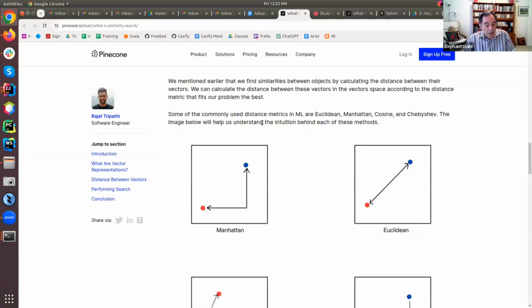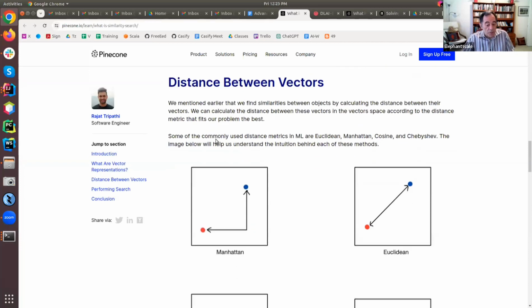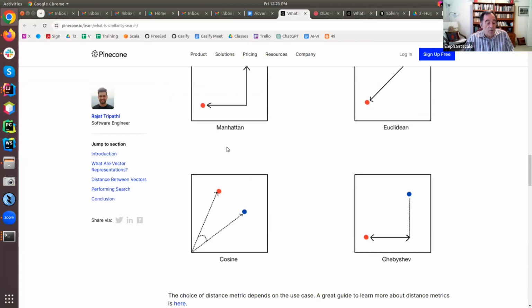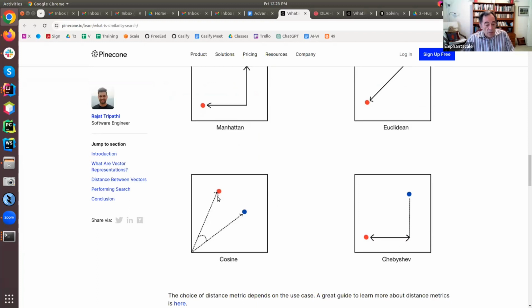Then he explains that now you want to find similar vectors or not similar vectors, and for that you measure the distance. And there are a few ways of measuring the distance. They are well illustrated here. First of all, cosine. Cosine means what's the angle between the vectors. It should be zero, and then they are the same. And that takes care of the size of the vector. It doesn't matter big or small, only the direction matters.